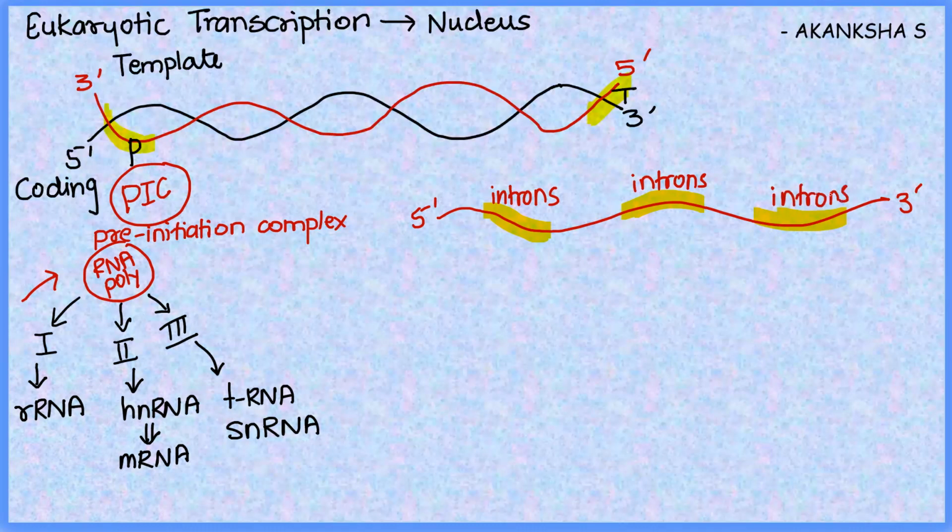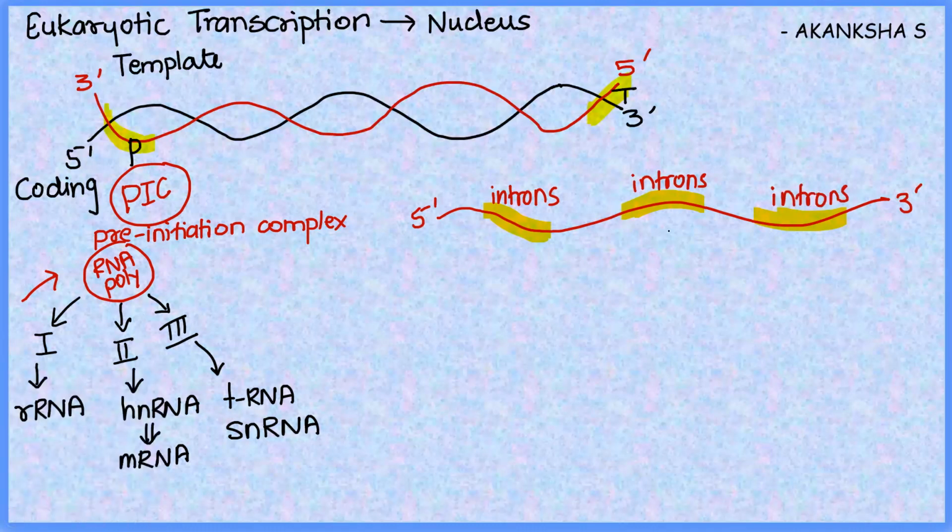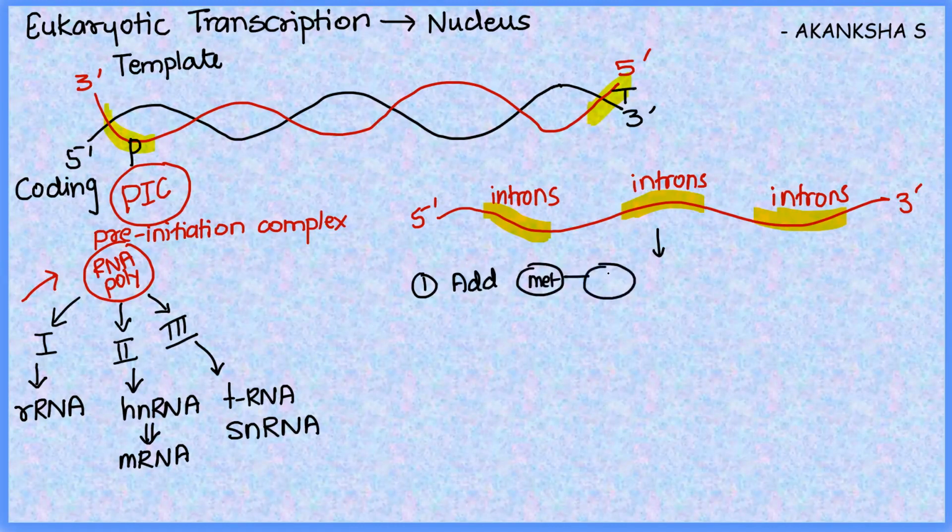Here starts our first step. The first step of processing is adding methylated GTP to the 5' end of hnRNA. So what is going to happen?